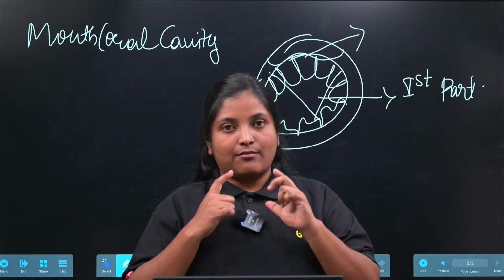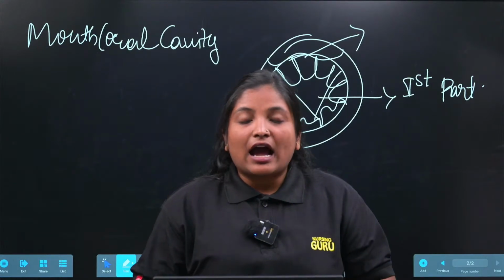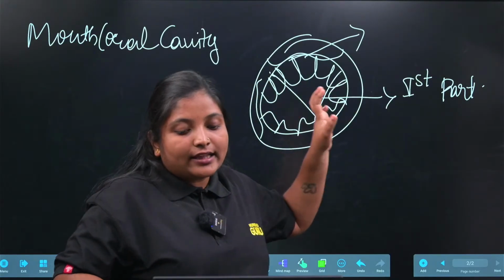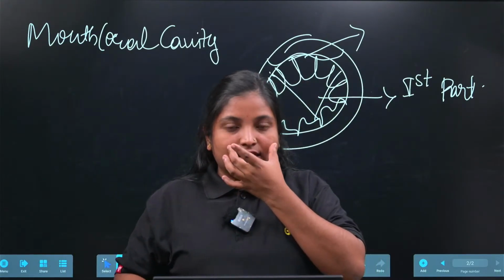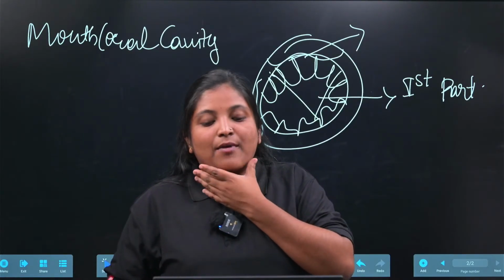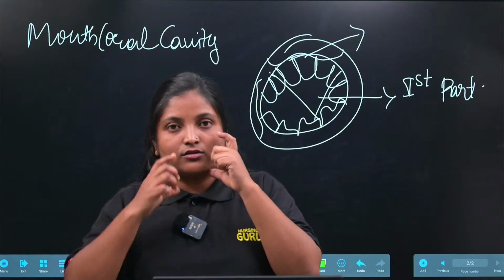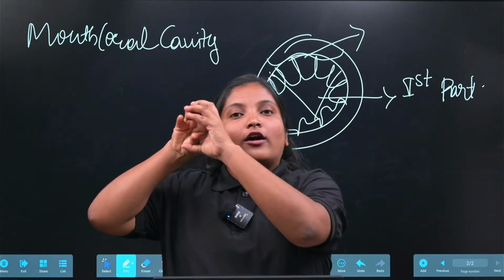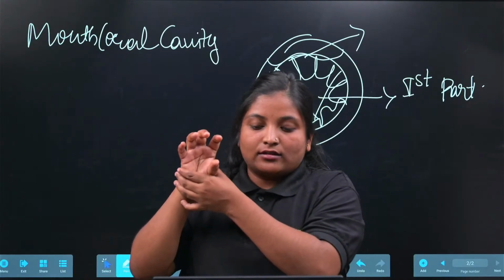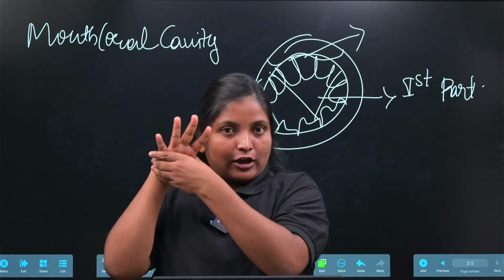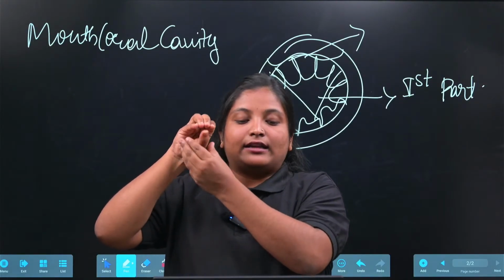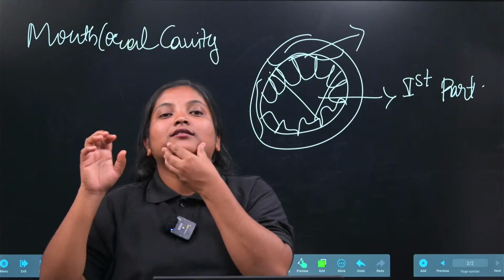Next is the teeth. After the mouth, the teeth are there. The teeth are embedded in the sockets of the jaw, the alveolar process of the mandible and maxilla.